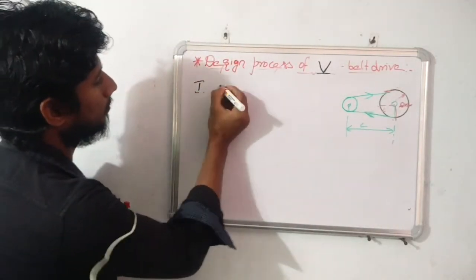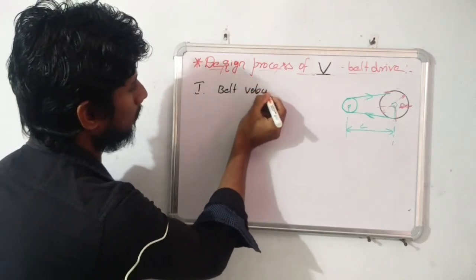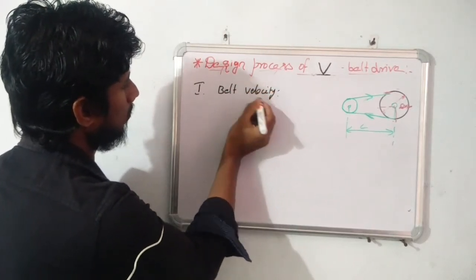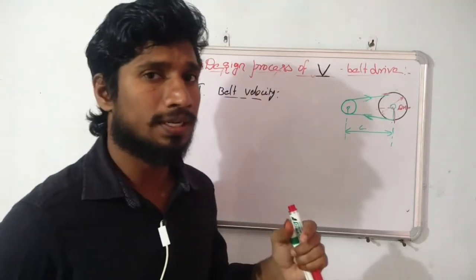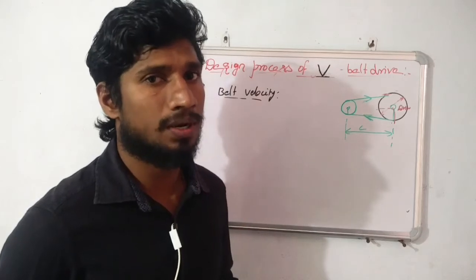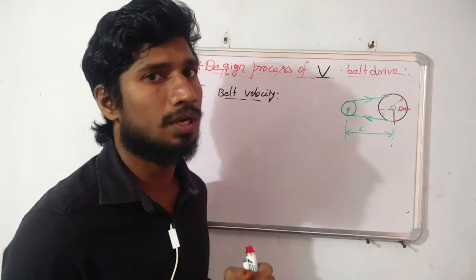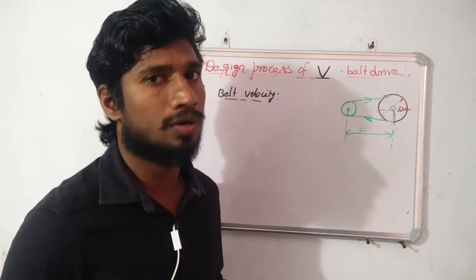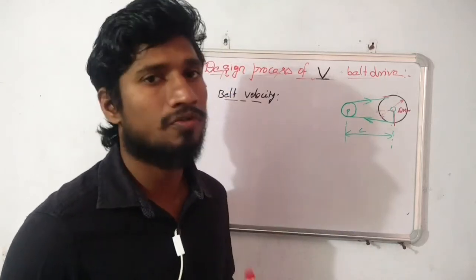First one is the belt velocity. If you recall the design process of flat belt drive we discussed, maximum same formulas, that means same steps are involved here, but from the formulation point of view, some variation will be generated in the design of V-belt drive.